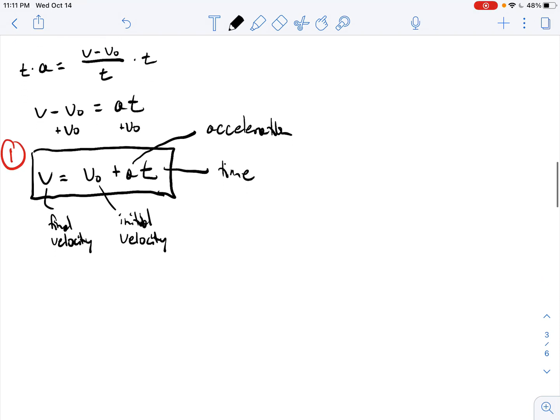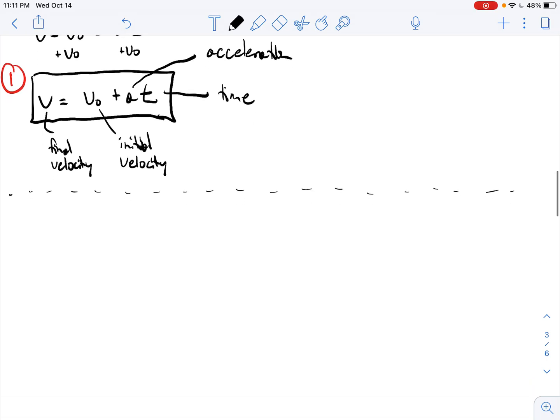Our second kinematic equation that we're going to get here, instead of deriving it from our equation for acceleration, we're going to derive it from our equation for average velocity. So before we said average velocity was equal to our change in x, our change in position, over our change in time.